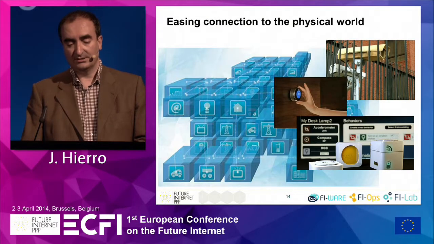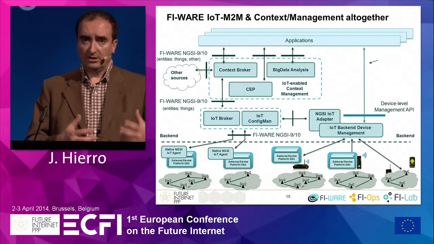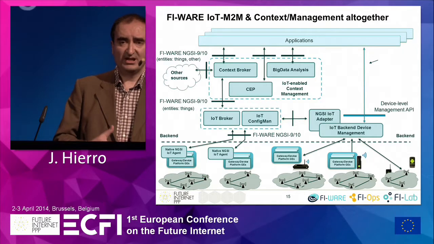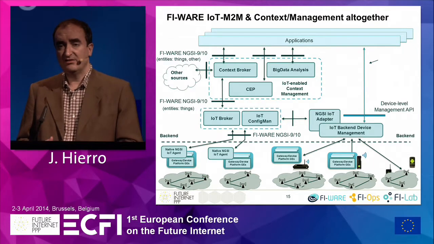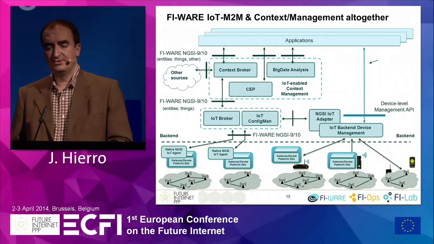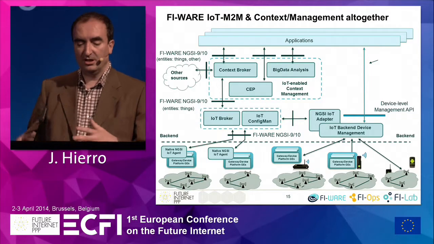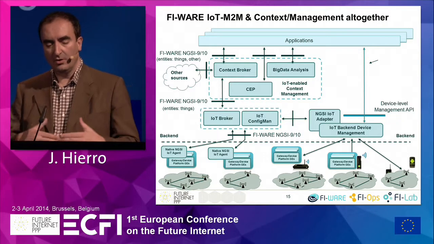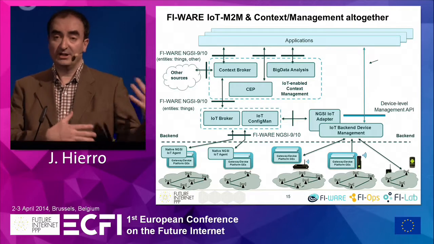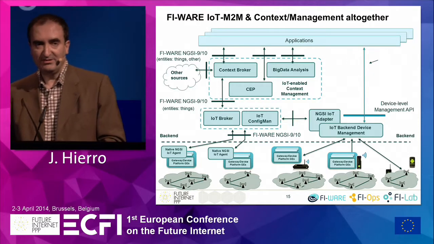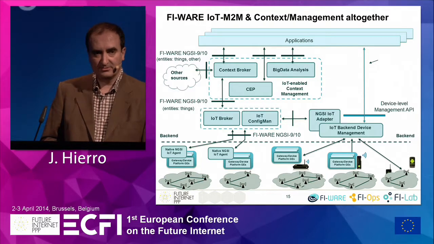A couple of enablers are also there on the FiLab system, enabling you to connect to sensors. And this picture shows roughly how these enablers are connected to the data platform I was talking about before.